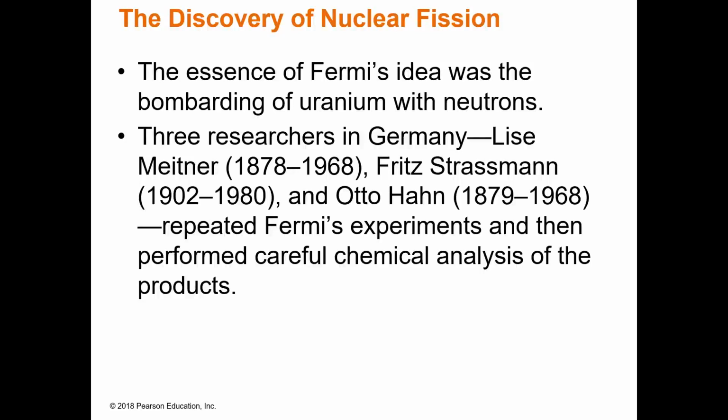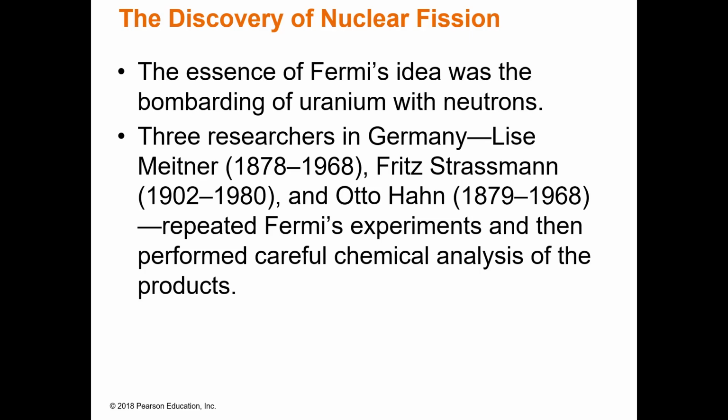Let's go back to the 1930s. After Fermi's neutron experiments, 3 scientists, Lise Meitner, Otto Hahn, and Fritz Strassmann, repeated those tests and did something crucial. They chemically analyzed the results. To their surprise, they didn't find heavier elements. Instead, they found lighter ones like barium. That meant something amazing had happened. The uranium nucleus had split in 2.